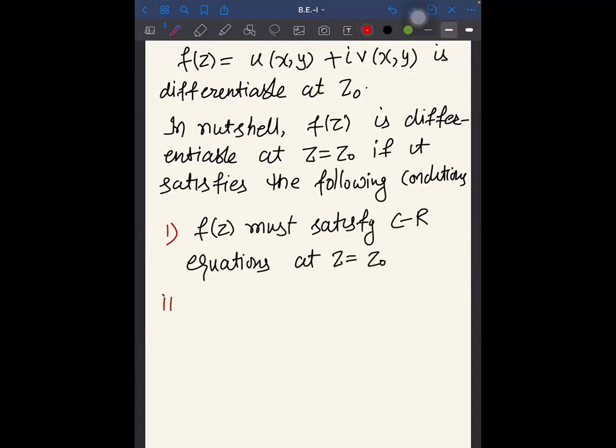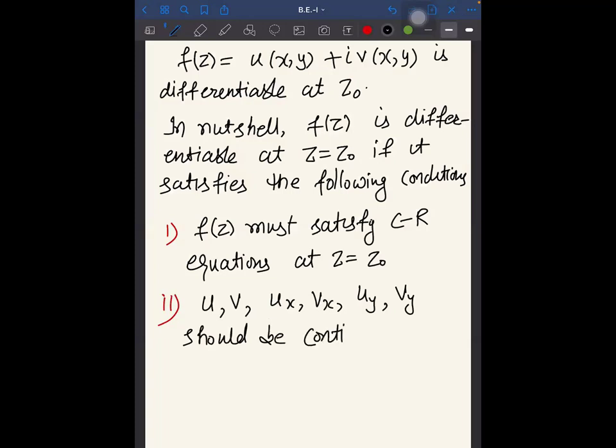Secondly, u, v, ux, vx, uy, vy should be continuous in some neighborhood of z naught. These two conditions should be precisely satisfied by f(z) in order to declare f(z) a differentiable function at z equal to z naught.